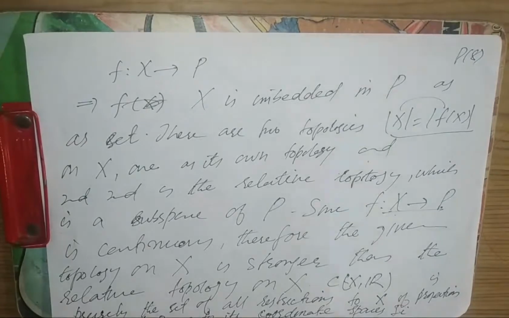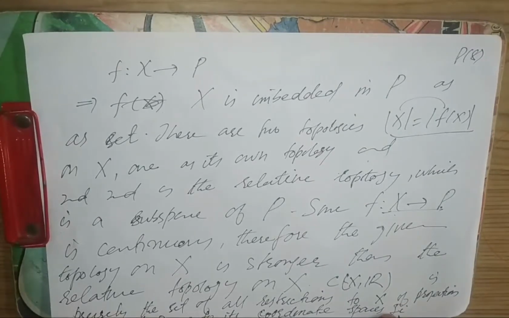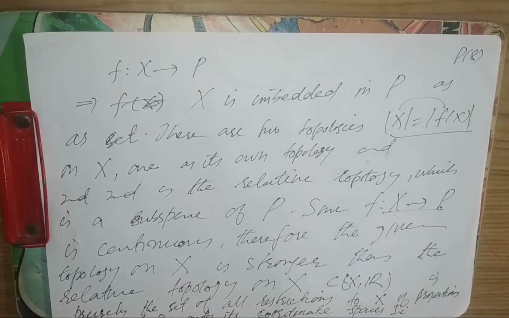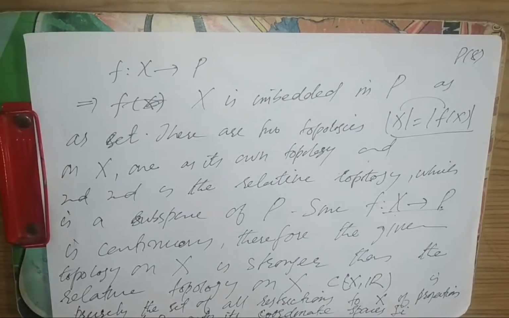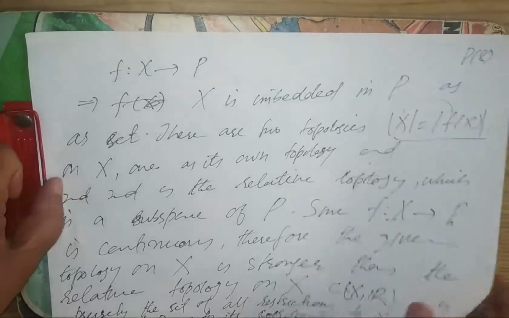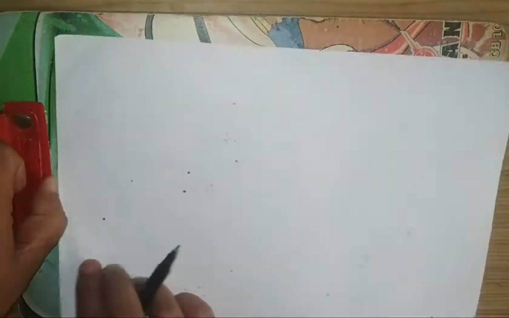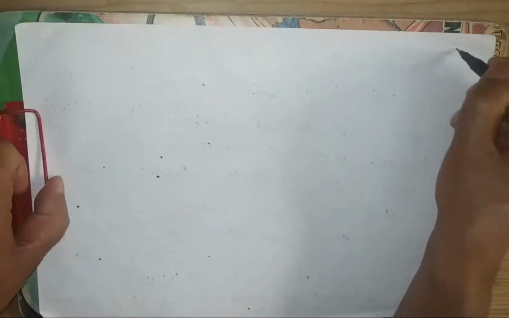Projections are mappings from P to the coordinate space, and X is treated as a subset of P, so these projections on X are precisely the restrictions of those projections Pi of P onto X. So this is very important.